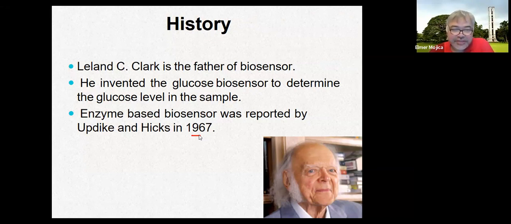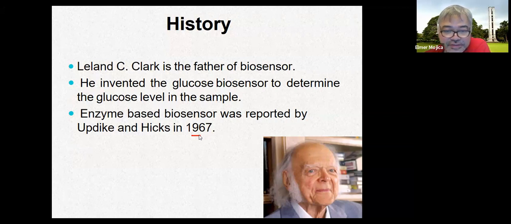It was an enzyme-based biosensor, and it was used for sugar. For Clark, it is oxygen. But he also used what? Anong ginamit ni Clark? He also used an enzyme.